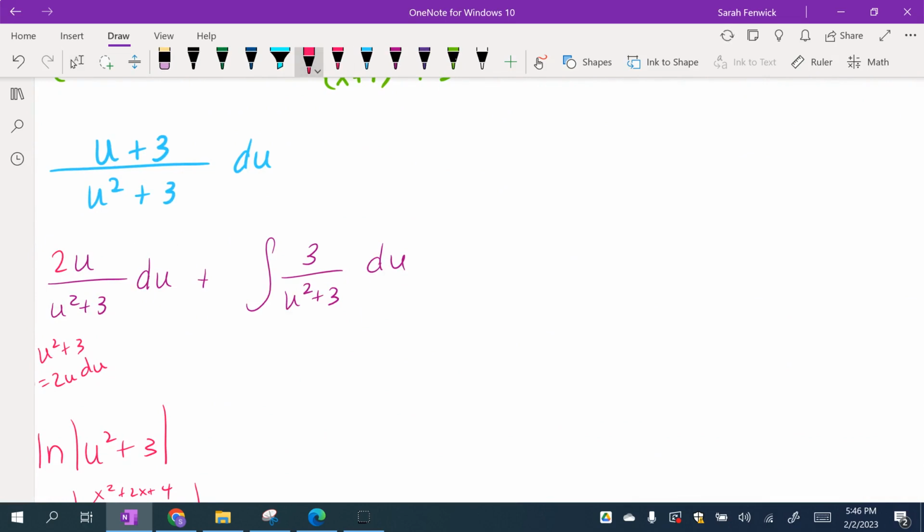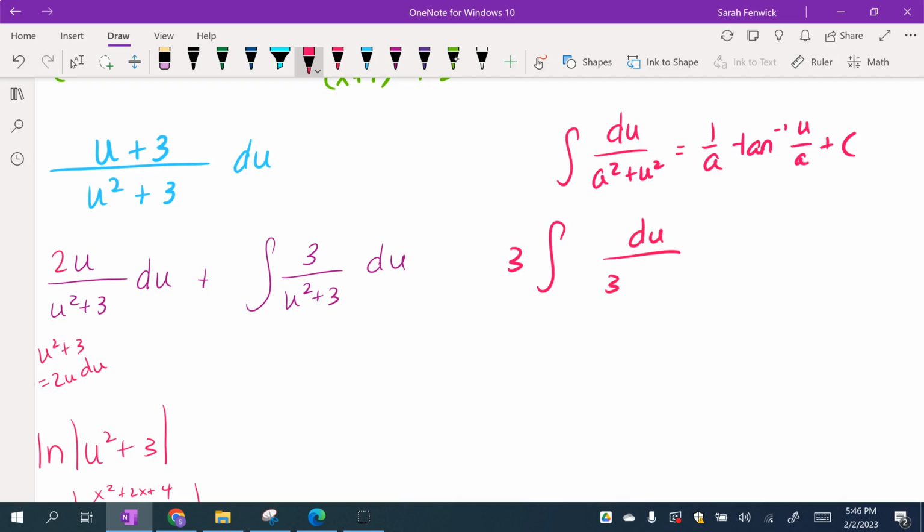On this next part, remember the rule that we did for inverse tan earlier? So inverse tan, I've got to look, is the integral of du over a squared plus u squared equals 1 over a inverse tan of u over a plus c. So I'm going to turn this around to be the integral of, I'm going to put the 3 out here, du over 3 plus u squared.